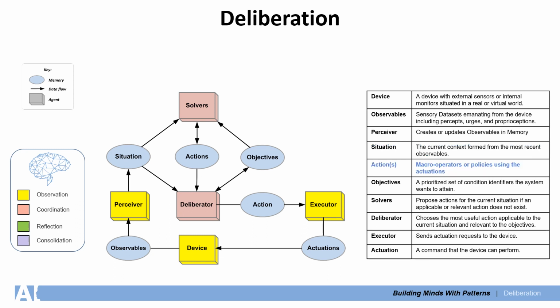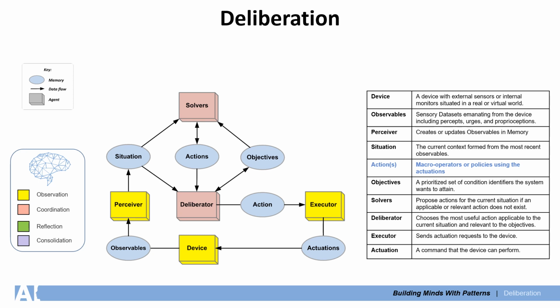Actions are formed from primitive actuations that the device can immediately execute. In addition to the primitive actuations, an action may be a policy, which has a set of preconditions necessary for the actuation to be executed. Or an action may be a macro operator, which contains both preconditions and expected effects.